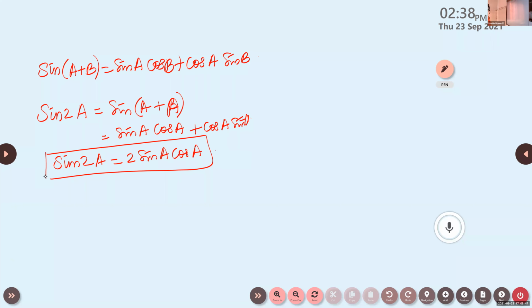Now listen, the formula is not over. This one we can simplify further. The sine 2A we can write as 2 sine A cos A by 1.